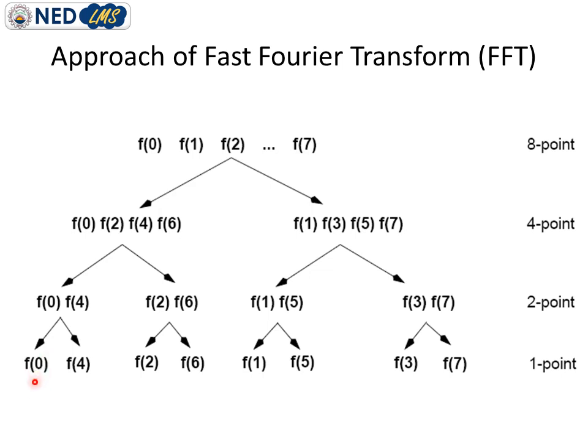Or again, we can further decimate it into one sample and take the DFT of a single sample and then combine the results. In this way we have only one value, and you know that 1 square is 1. So we have a total number of computations equal to 8 for this stage.